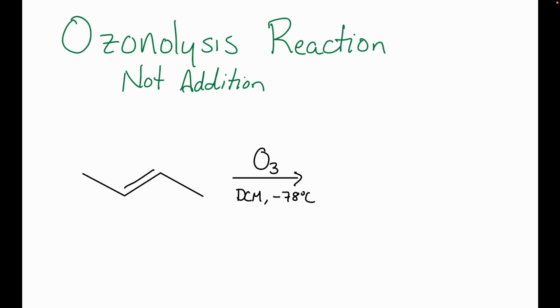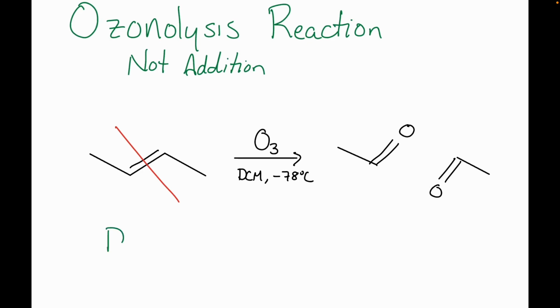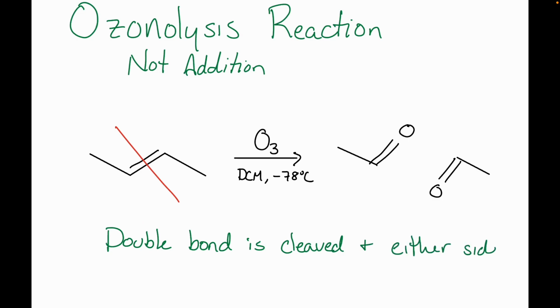What happens is this ozone chops this double bond in half, and replaces it with an oxygen. So in this ozonolysis reaction, our double bond is chopped in half. It's cleaved, and either side is replaced by an oxygen.